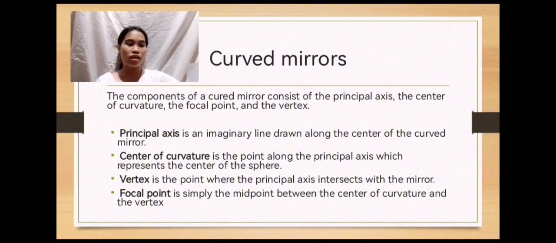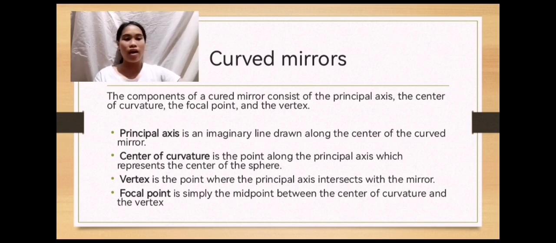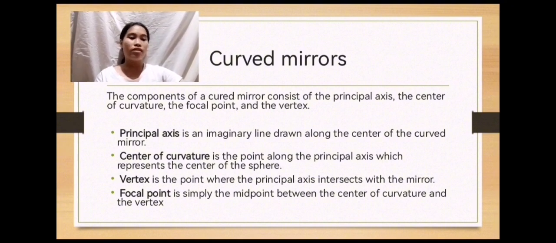This is the point along the principal axis which represents the center of the sphere. Next is the vertex. It is the point where the principal axis intersects with the mirror. Next is the focal point. It is simply the midpoint between the center of curvature and the vertex.